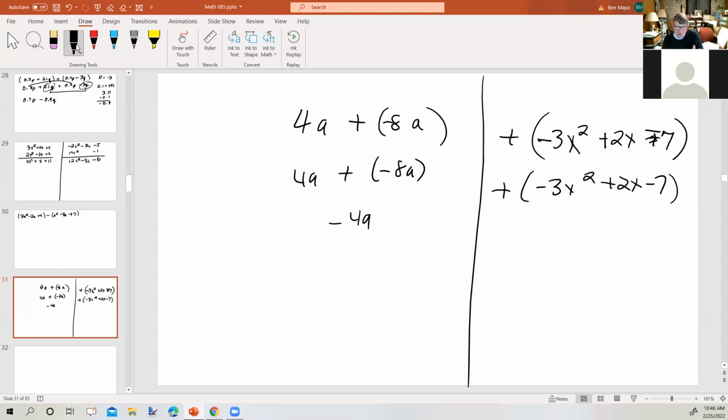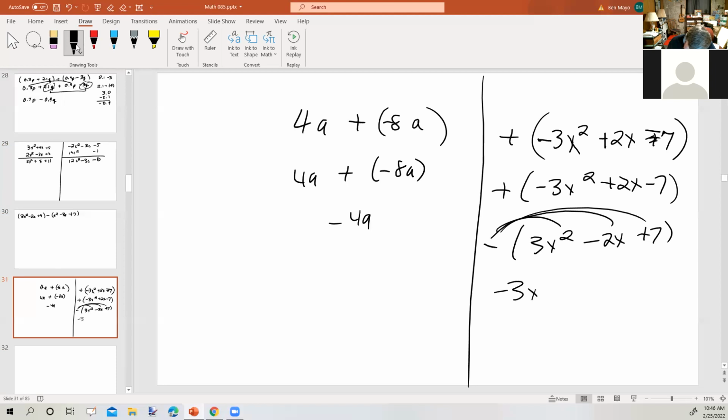So again, distributing a subtraction sign, change subtraction to addition of the opposite, and that changes the sign of everything inside. Another way to look at it is this. You're just distributing the negatives, so negative 3x squared plus 2x minus 7. It's like just taking negative 1 times what's inside.